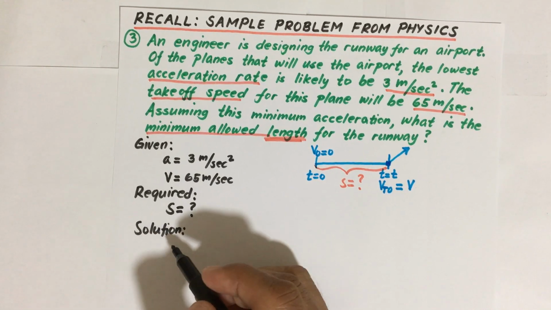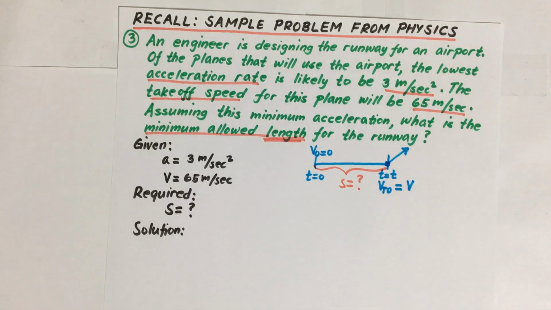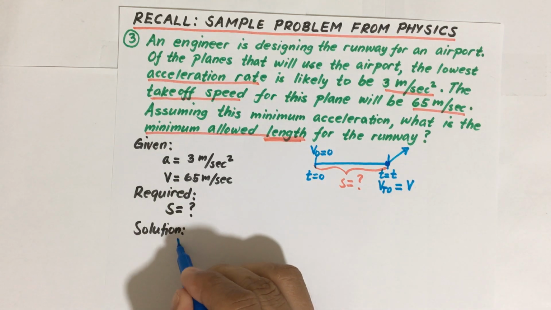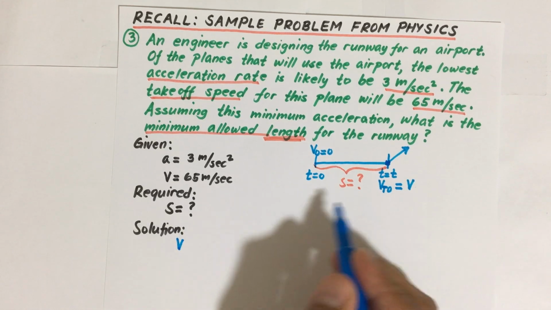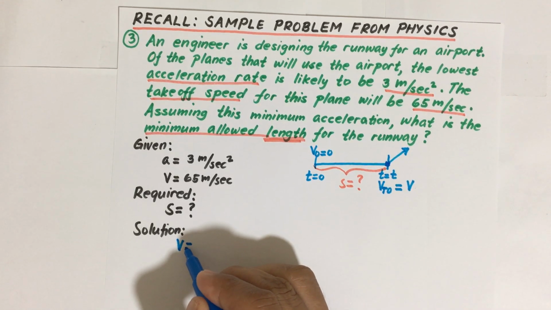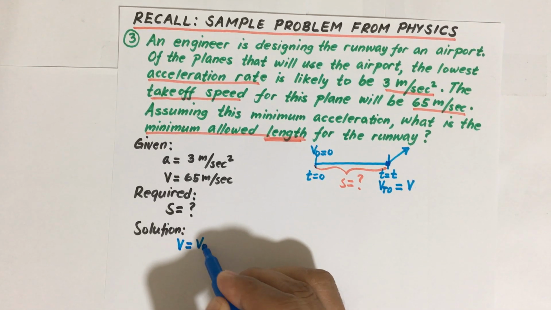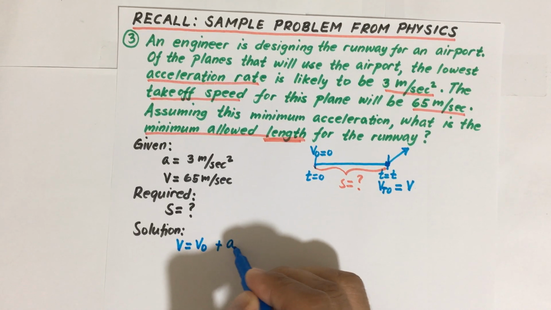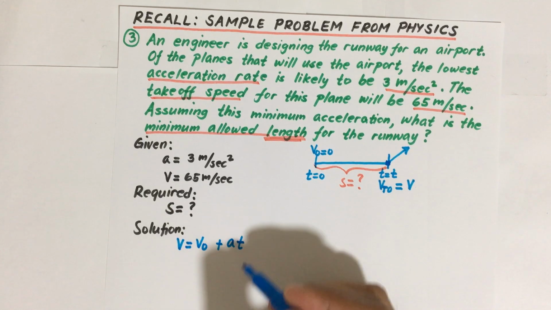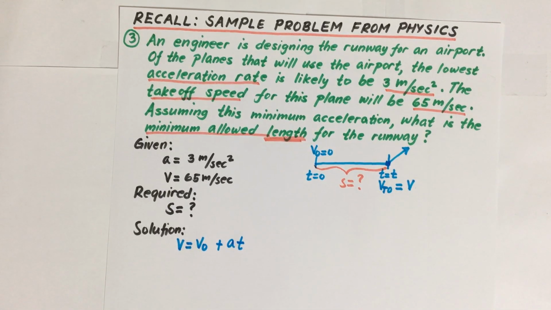Alright, so we have the formulas. We have the final velocity v, in this case our takeoff velocity, is equal to the initial velocity v sub 0 plus the acceleration times time t.